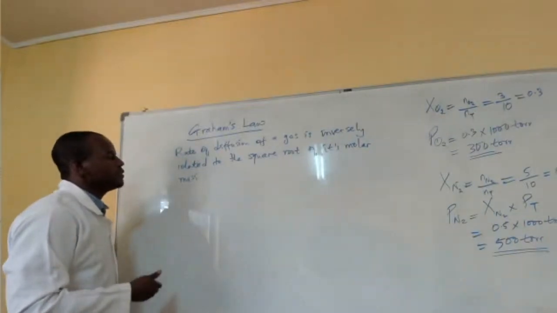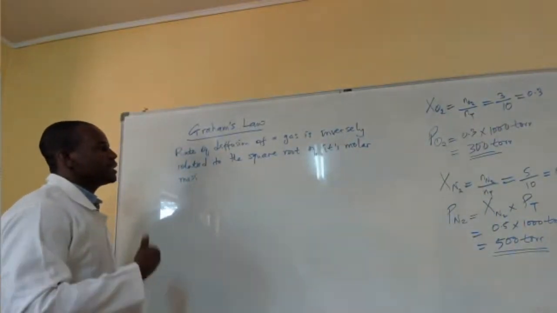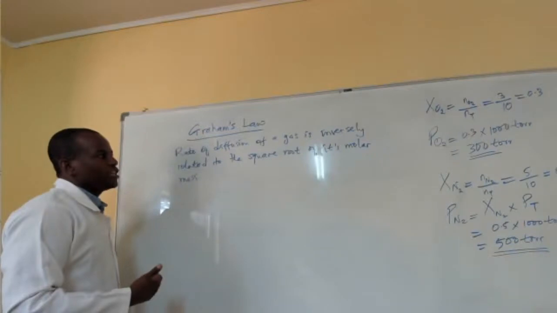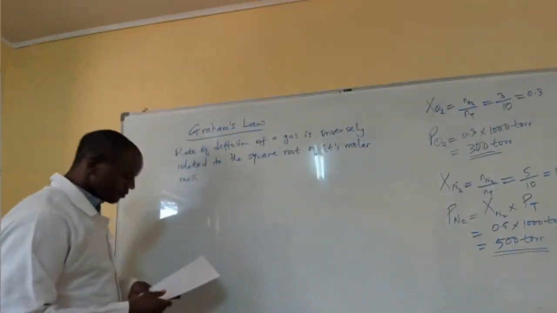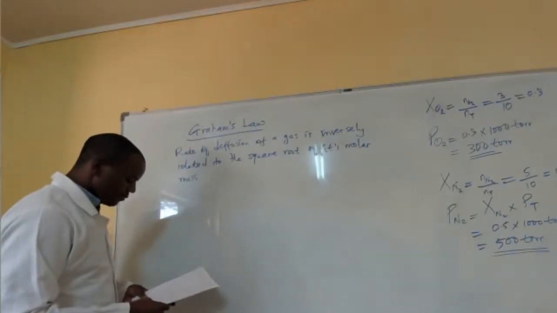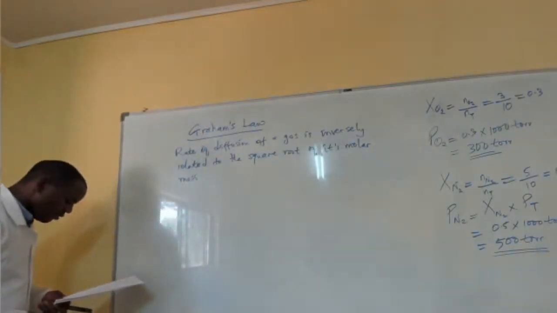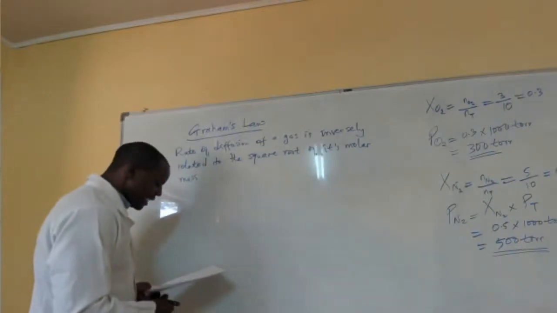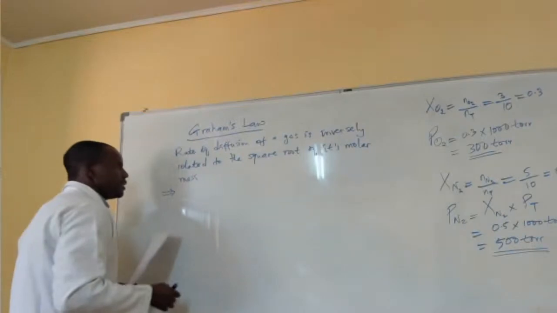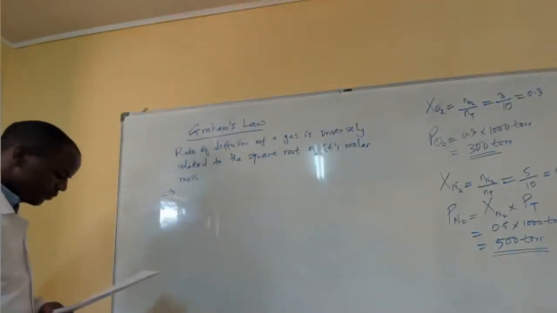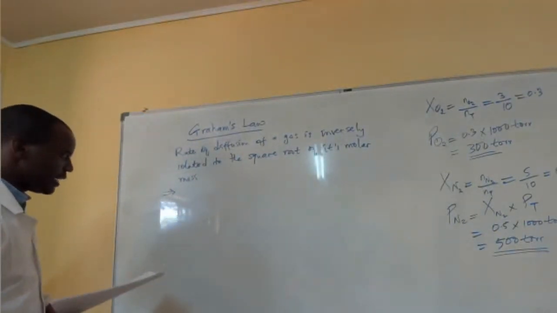That is inversely. If a gas is lighter in terms of weight, you expect that the rate is going to be faster. So here, if we have gas A and gas B, we can relate their rates based on some kind of ratio.